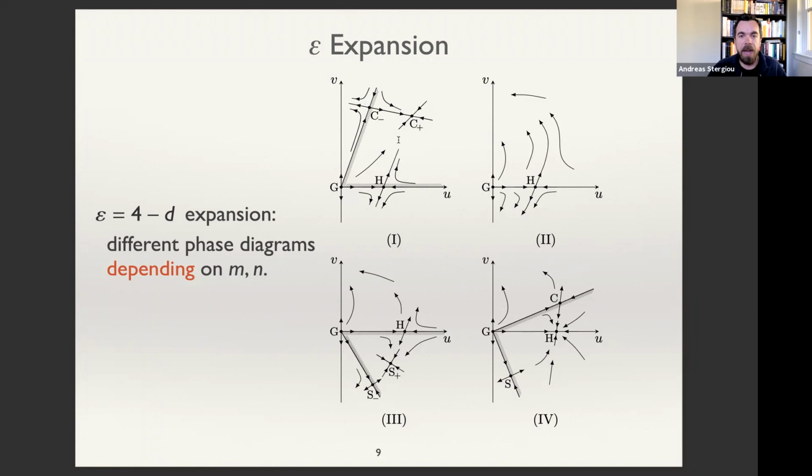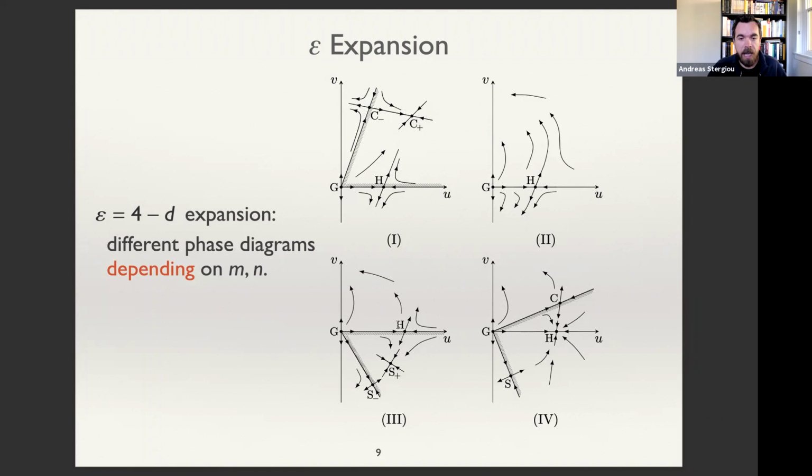As you change M and N, these fixed points collide and they disappear into the complex plane, and you are left with this picture over here where you only have the Gaussian and the Heisenberg fixed point, and none of these are stable. Here the chiral is stable.